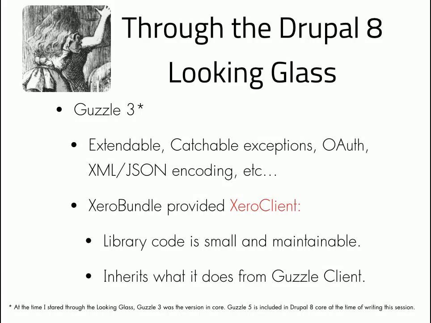I can throw exceptions. I can catch exceptions. I can use OAuth pretty much out of the box. They have plugins, and worrying about OAuth compatibility issues is kind of a solved problem there. I no longer have to worry about that. It does XML and JSON encoding out of the box for simple XML and JSON decode and encode.